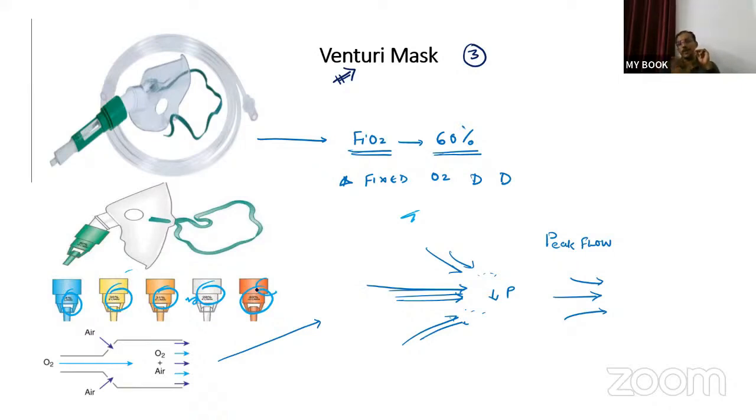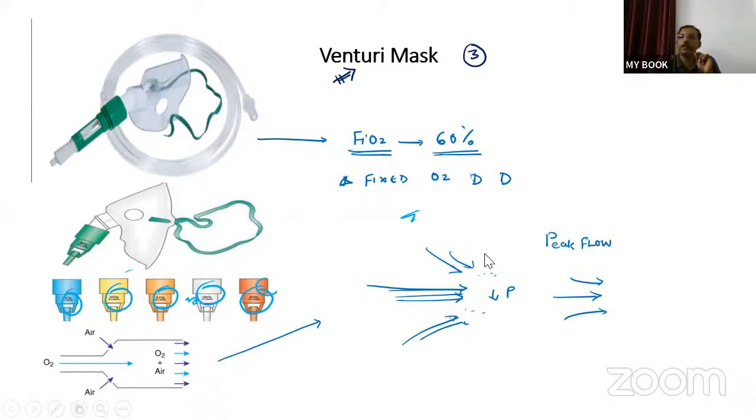Color coding of FiO2 has not been asked in any of the FMGE, AIIMS or INICET exams. They have asked only one question about Venturi: what is the maximum FiO2, that is 60%, and also what type. It is a fixed performance device.